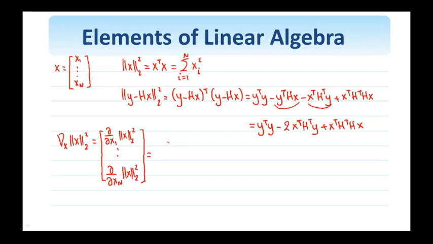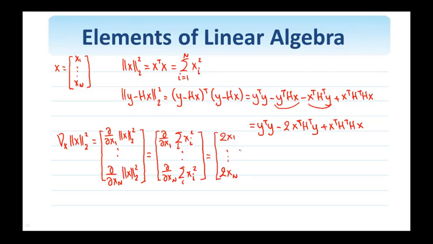And if I use the expression for the norm I just showed in the beginning, it's the sum over i of x_i squared. Then clearly, if I look at any of these partial derivatives, there is only one term that depends on the particular x_i. So for the first, there's only one term depending on x1, so this is 2x1, down here it's 2xn, so this is equal to 2x.